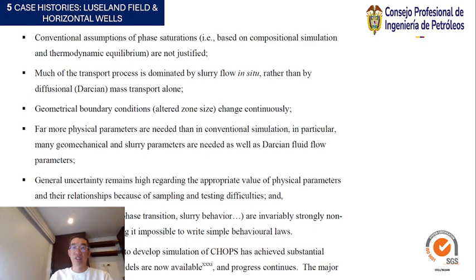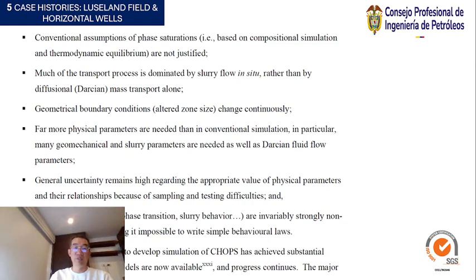In particular, many geomechanical and slurry parameters are needed as well as Darcy flow parameters.